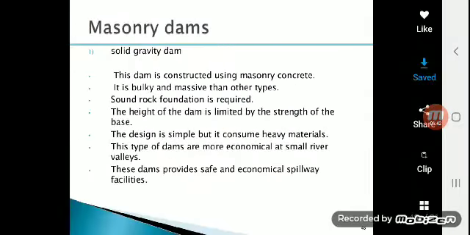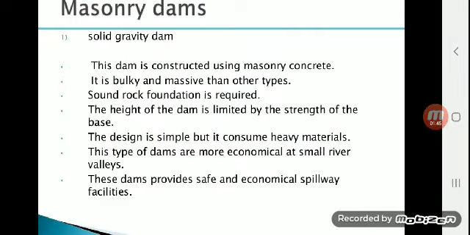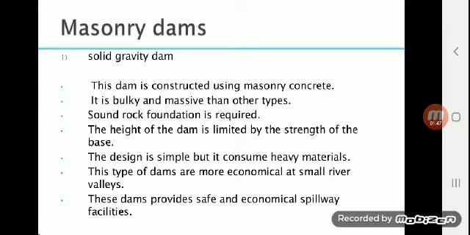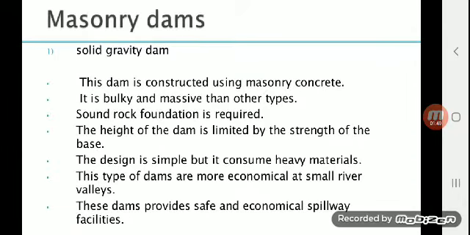So different types of masonry dams that we are studying here. The first one is the solid gravity dam. It is the most traditional and most used type, because the dam is constructed using concrete and steel structure. It is bulky and massive, and its weight is very high compared to the other types of dam.